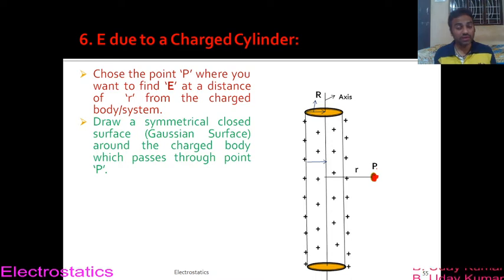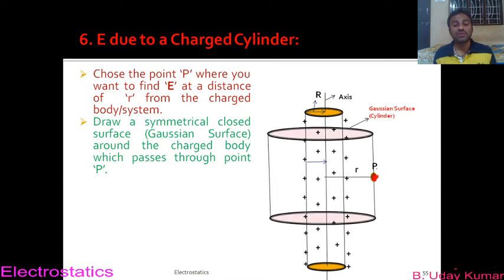You know that because we already did that in our last video, in the case of a charged cylindrical conductor. Since we need a symmetrical Gaussian surface, and our system is a cylinder, the Gaussian surface will be one more cylinder of radius small r. Please remember, here we are going to get two R's now.